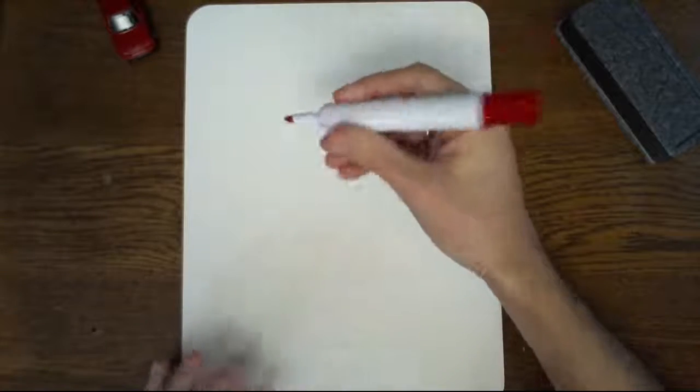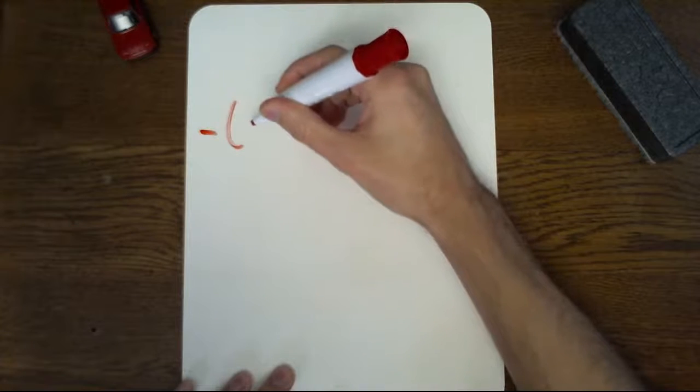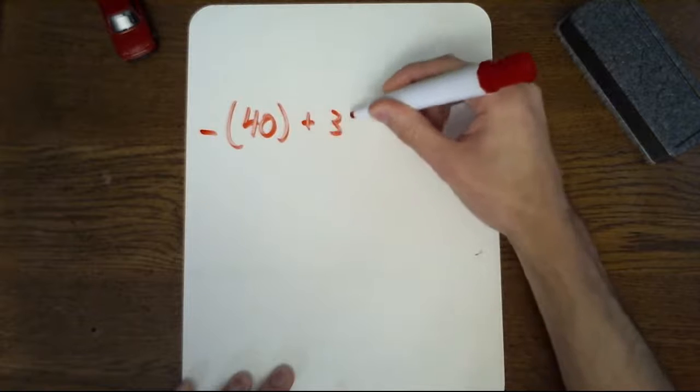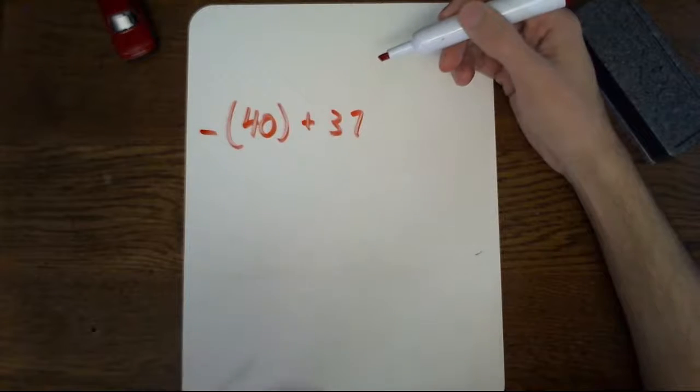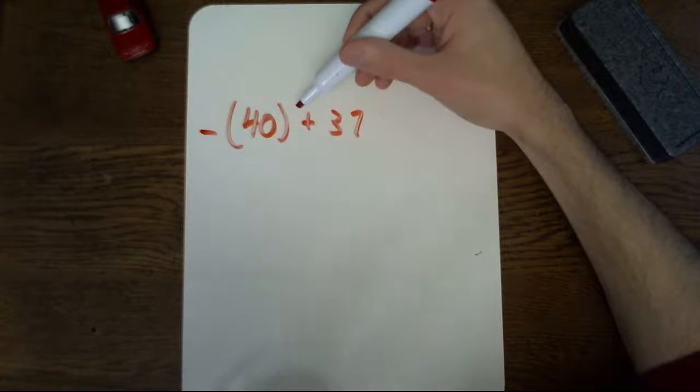So let's go on to bigger numbers. Let's go on to numbers with lots of parentheses. How about negative 40 plus 37? So here's another weird example, because what does parentheses mean?